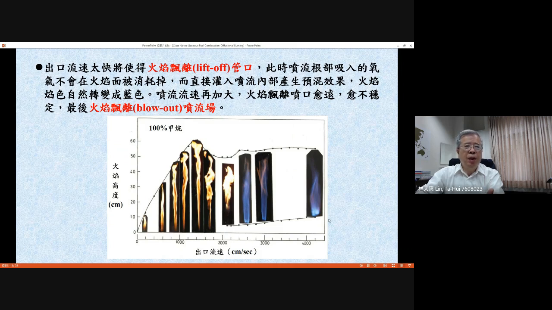But in real application, we do not suggest that we use an injection velocity in the range between the lift-off and the blowout, because there is uncertainty in the stabilization of the jet diffusion flame in your flow. It is not safe for operation, which means that you need to keep the flow velocity small enough to prevent the flame from lifting off the base of your burner.